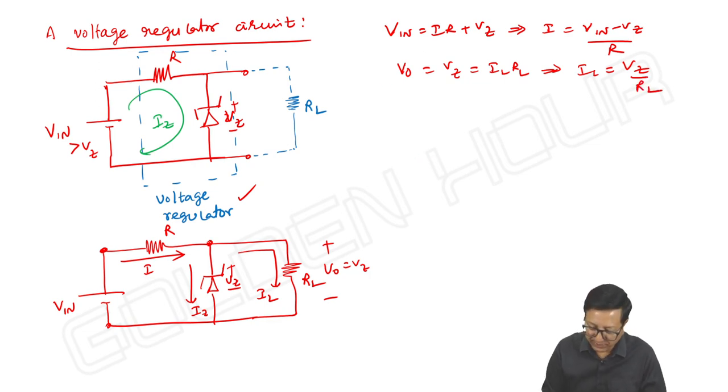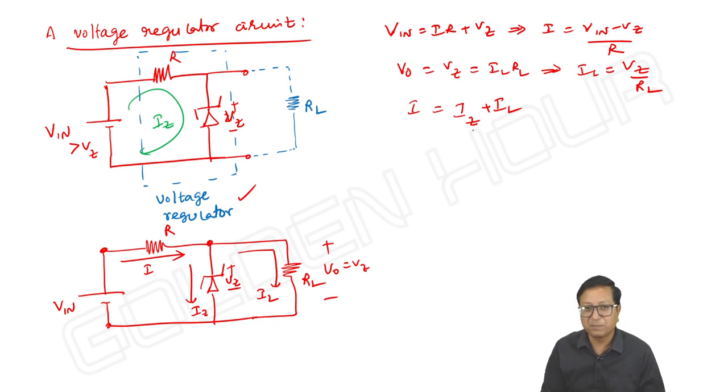Next, the node equation: I is equal to IZ plus IL. That's it. We can use these equations.